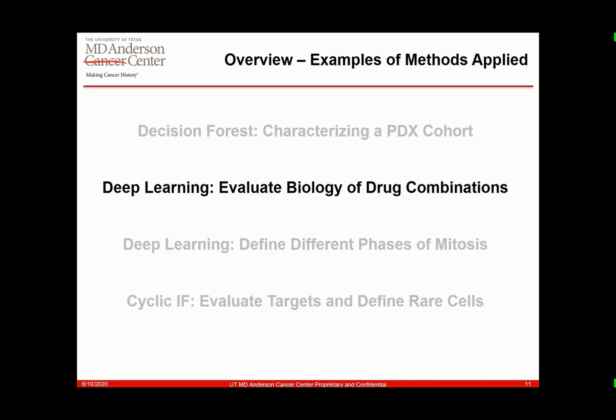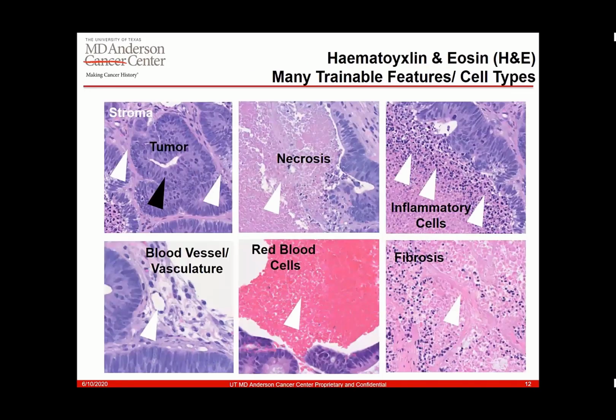And because we have these slides, there are lots of trainable features in hematoxylin eosin slides. As you can see here, similar to what I was showing before, the stroma is pretty identifiable. The tumor is fairly identifiable, and I'm sure there are pathologists in the audience, and I'm doing my best here.